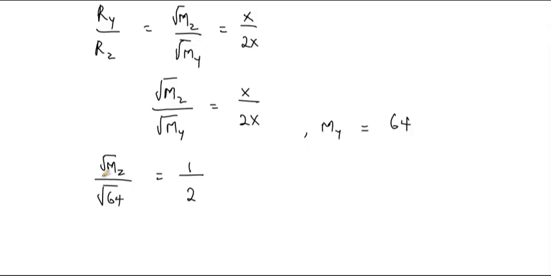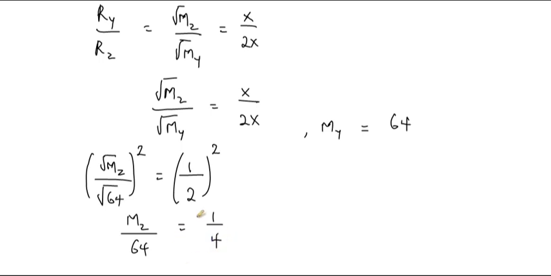So from here, to eliminate this square root, we'll be squaring both sides. We have Mz over 64 equal to 1 over 4.